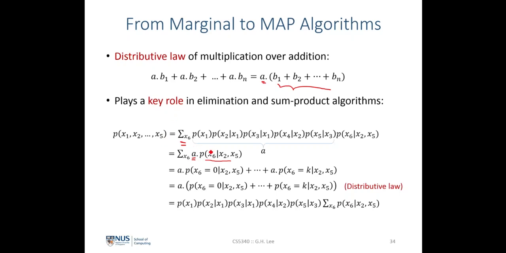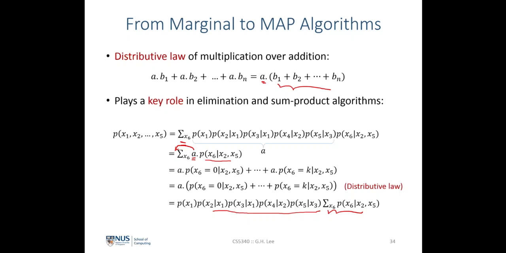So this would be similar to this term, and what we can do later is to factorize out a into the left side of the summation term, and as a result we will get this over here, where we can simply apply the marginalization on this term and simply ignore the rest of the terms that are on the left side.